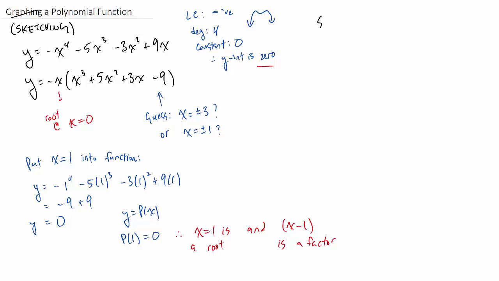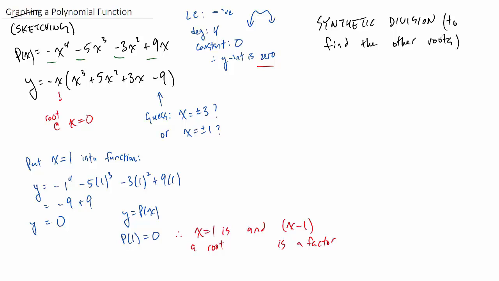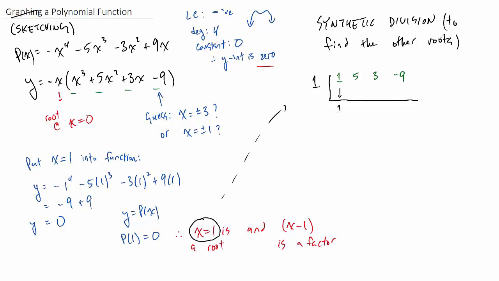This is a good starting point to find the other roots, and this is where synthetic division or long division comes in. I'm going to jump right into synthetic division to avoid the long steps of polynomial long division. So we draw our little synthetic division box. We take the root that we know and put it on the left side, and we put all the coefficients of the cubic function that we're trying to break down in the box.